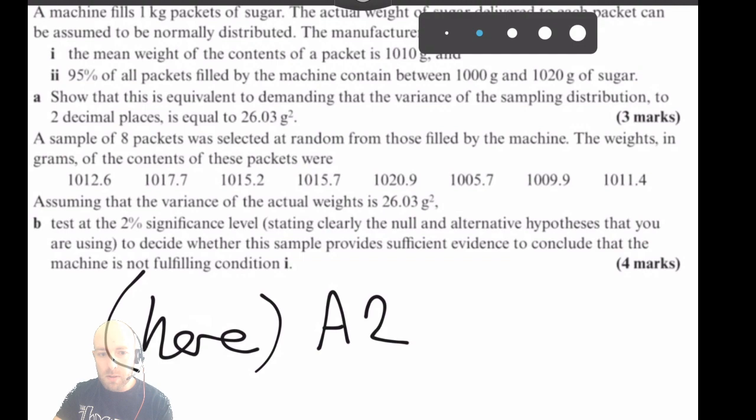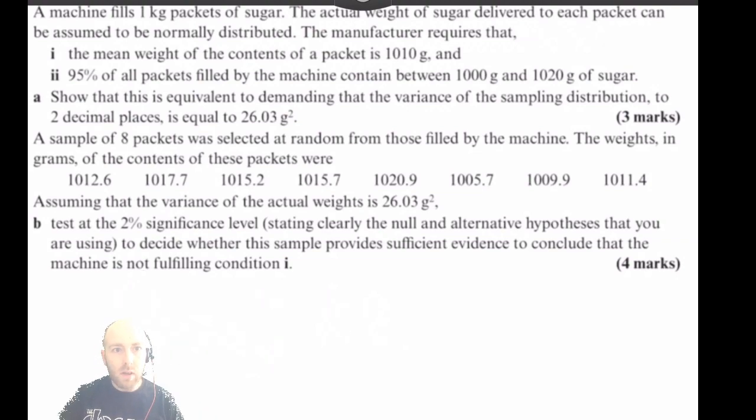All right, so we're going to start with this question, which we didn't quite get round to yesterday. We've got a sugar machine, and it's filling packets of sugar. The weight of sugar delivered to each packet can be normally distributed. The manufacturer requires that the mean of the contents in each packet is 1010 grams, and 95% of all packets contain between 1000 and 1020.